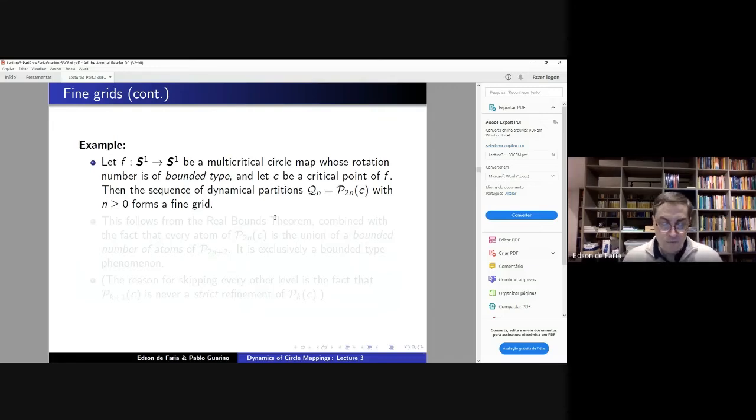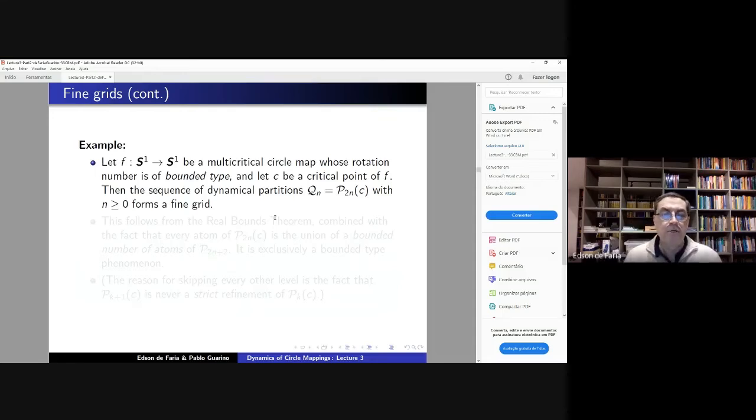Now, when you go from P_n to P_{n+1}, P_{n+1} is a refinement of P_n, but it's not a strict refinement because there are some atoms, the short atoms at level n, that become the long atoms at level n plus 1, okay?